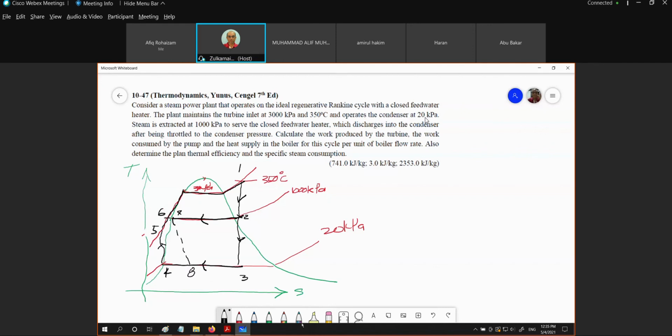This arrow in the middle represents the process in the boiler and superheater, 5 to 6, another process in the feed water heater. Okay? So that is how it looks on the TS diagram, but yet we need to know what 2 and 3 are.